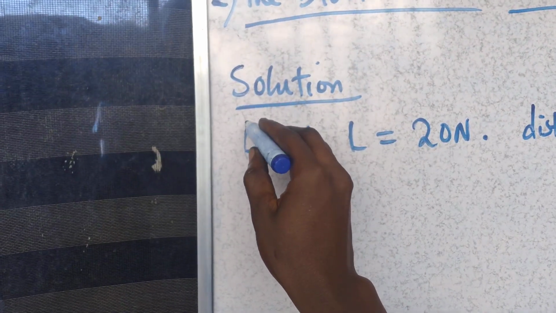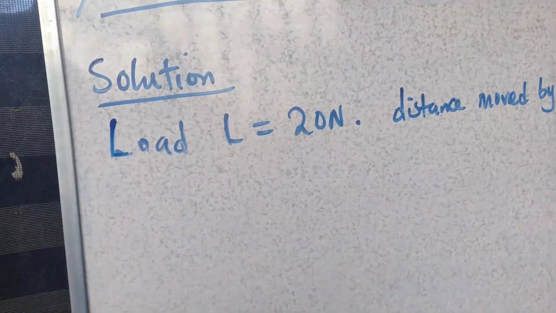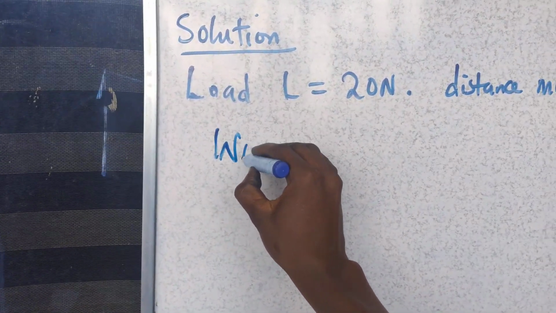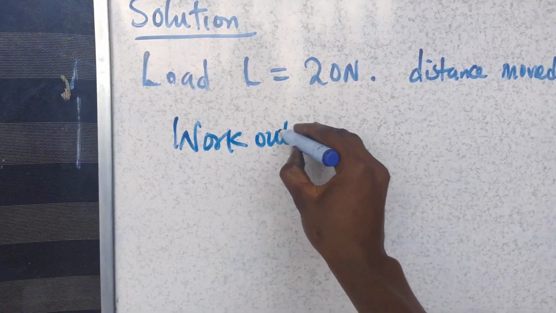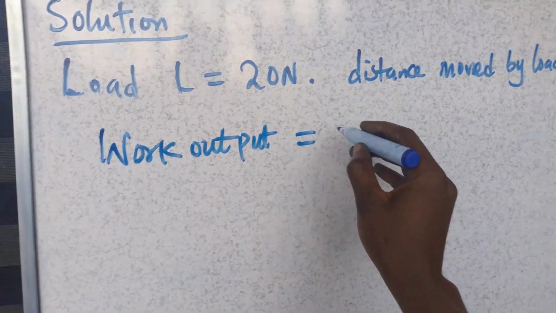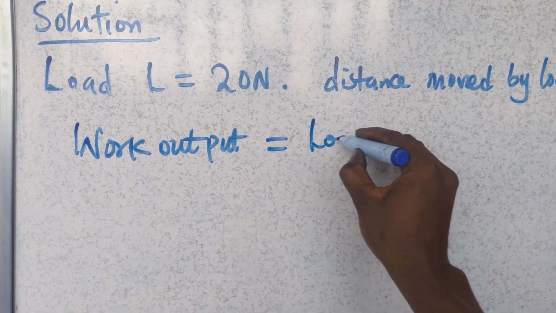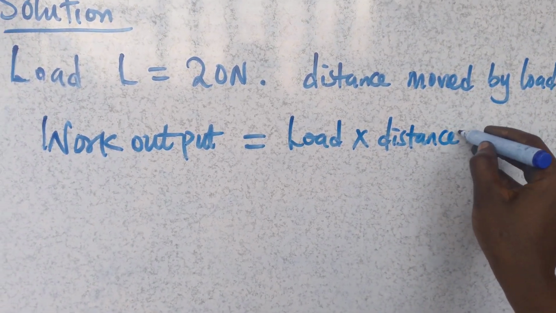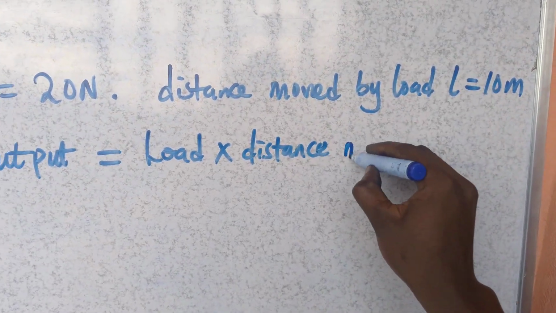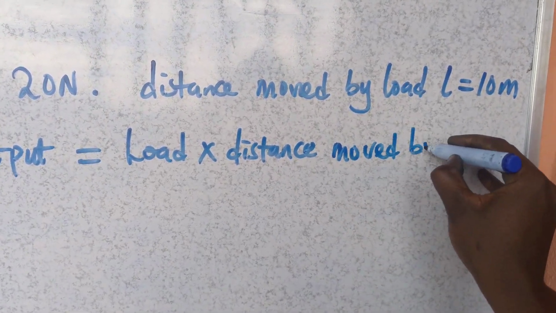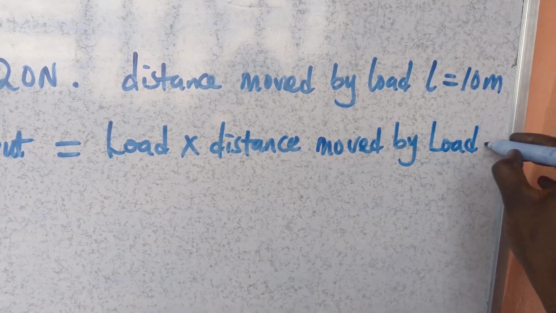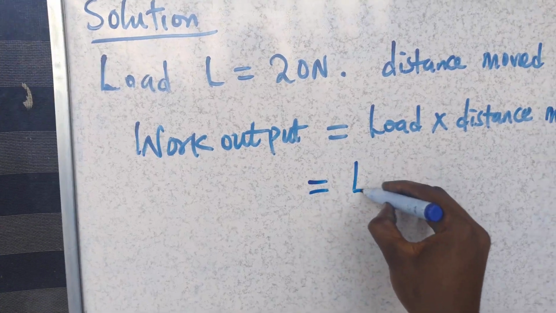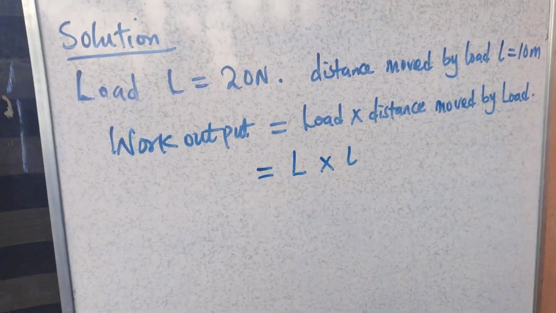Now the next thing we'll do is to look for the work output. I say work output is equal to load times distance moved by load. So that is L times small l.